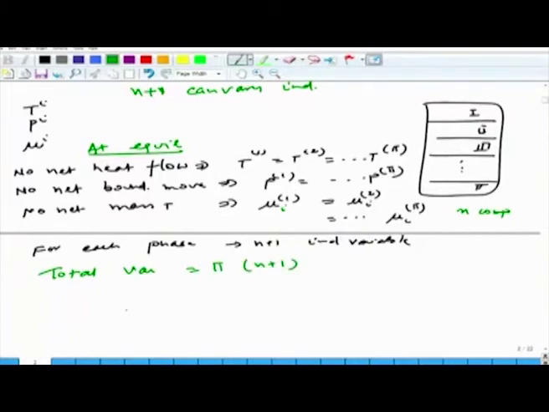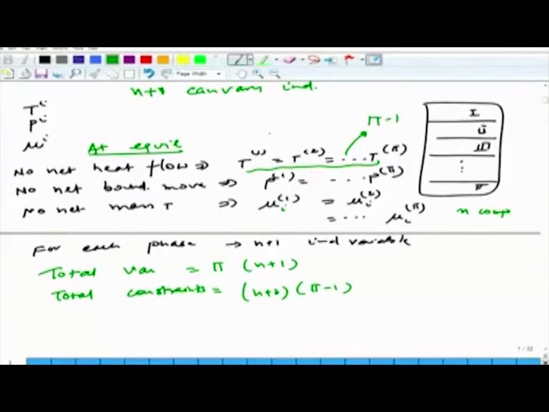These are the total number of variables, and how many constraints do we have? If you look at it, these equations are pi minus 1 for each variable, and the variables are temperature and pressure, which is 2, and mu i, which is n, that means n plus 2 multiplied by pi minus 1.